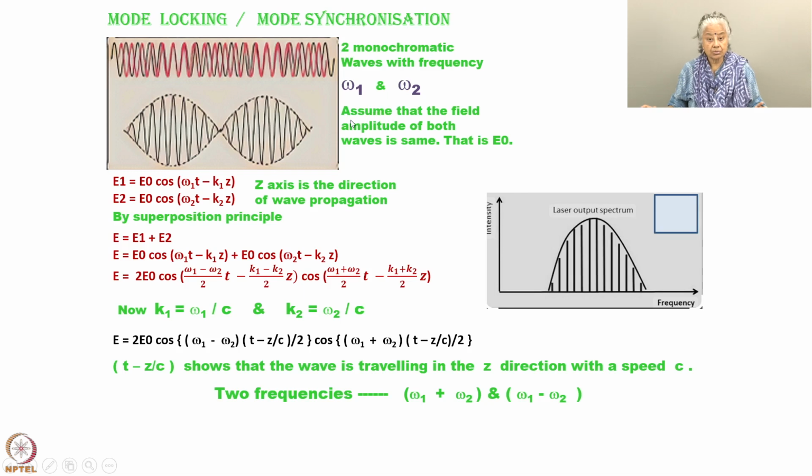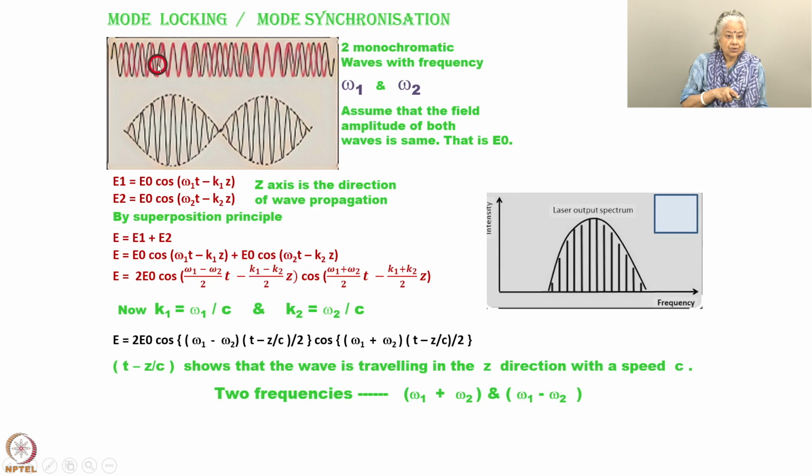As you know, light has this dual personality. It can be described as a particle, or it can be described with a wave character. In this derivation, I am making use of the wave character of light in order to come to some conclusions regarding mode locking and mode synchronization.